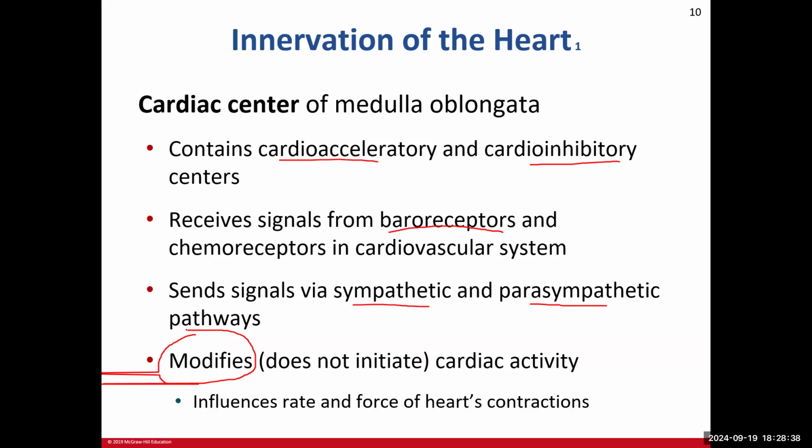They're either going to speed the heart up or slow it down. Right? And it can do two things. It can influence the heart rate and the force of contractions. So it can make your muscles in your heart contract harder. If they contract harder, they're going to be able to eject more blood out. And we'll talk about those.